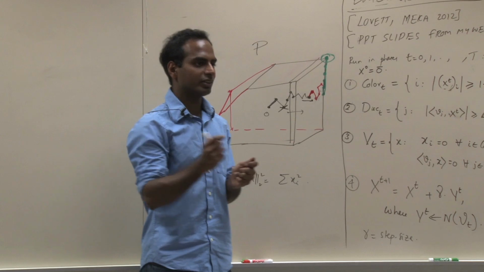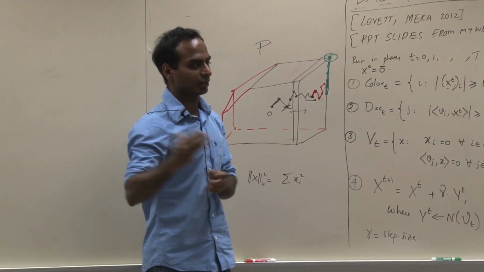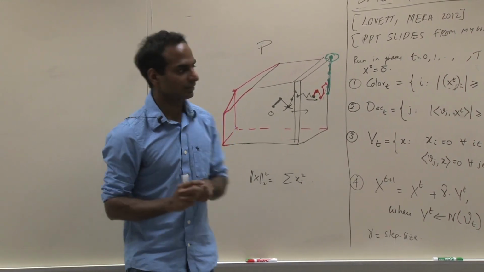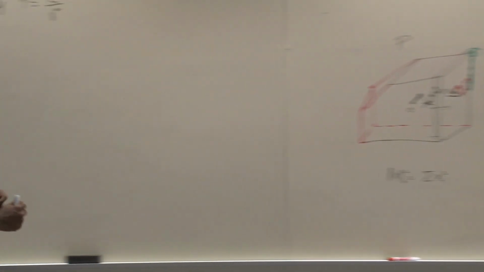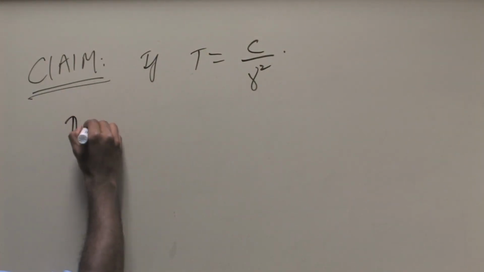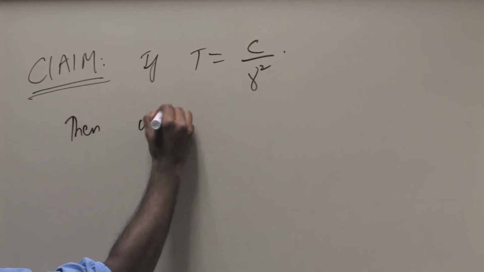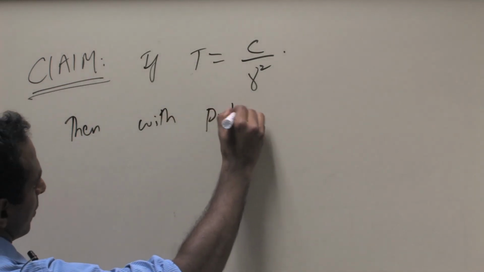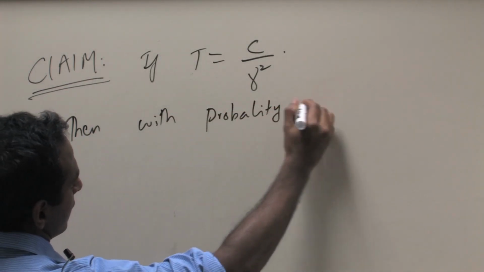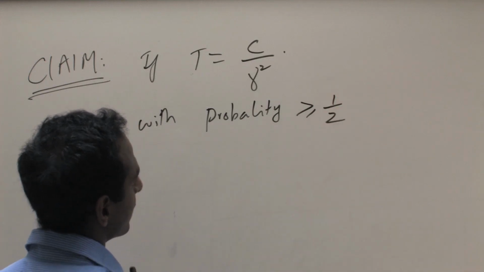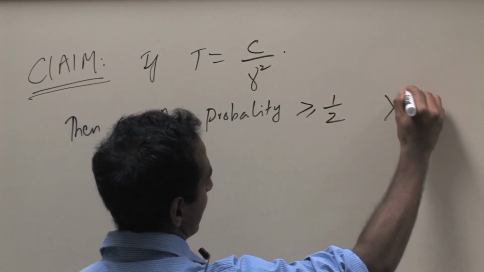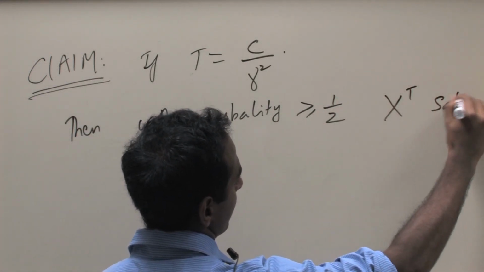If I'm moving really, really slowly, I need to run the algorithm for really, really long. Then with probability greater than or equal to half, xt satisfies the following.